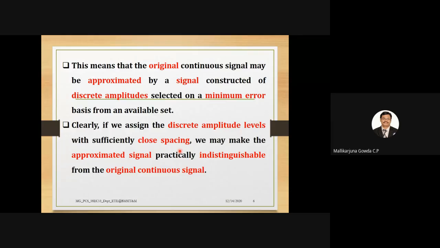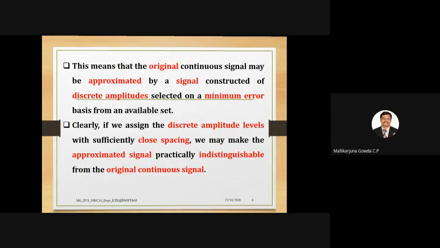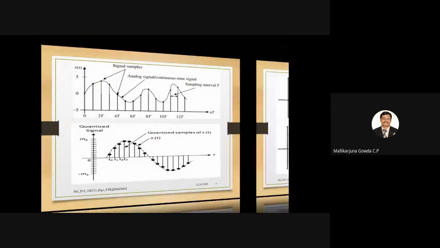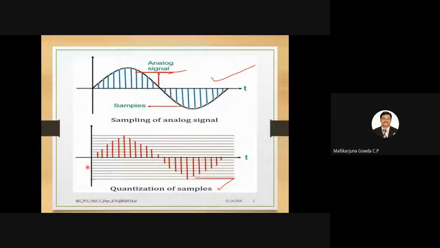We may make the approximated signal practically indistinguishable from the original continuous signal. In the previous diagram slide, I showed that I discretize the amplitude of the signal with so many discrete levels. With this, I will be able to reconstruct my original signal properly at the receiver side.